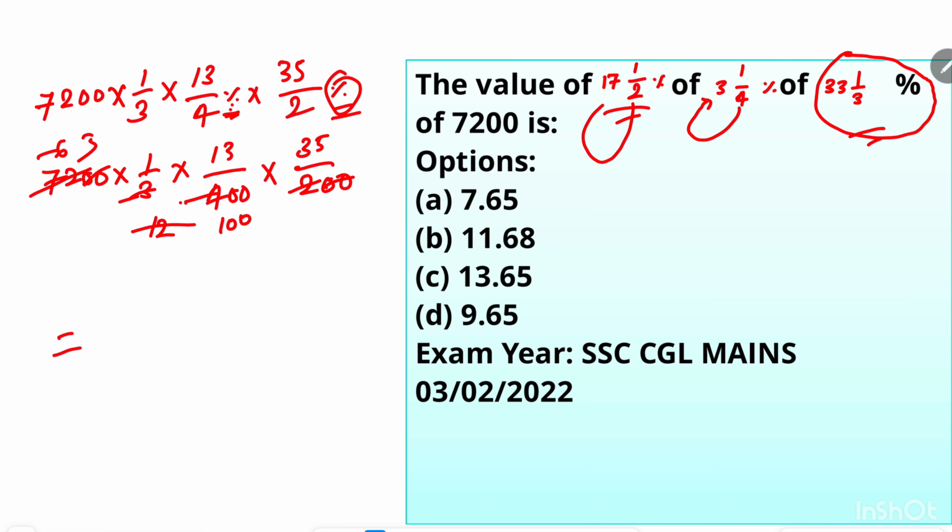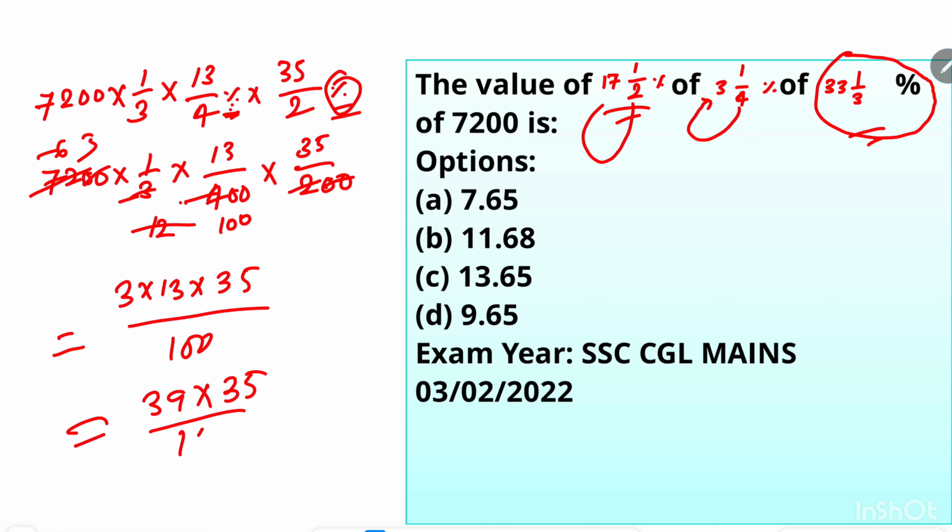Now the number we have got here is 3 into 13 into 35 over 100, and 39 into 35 over 100.